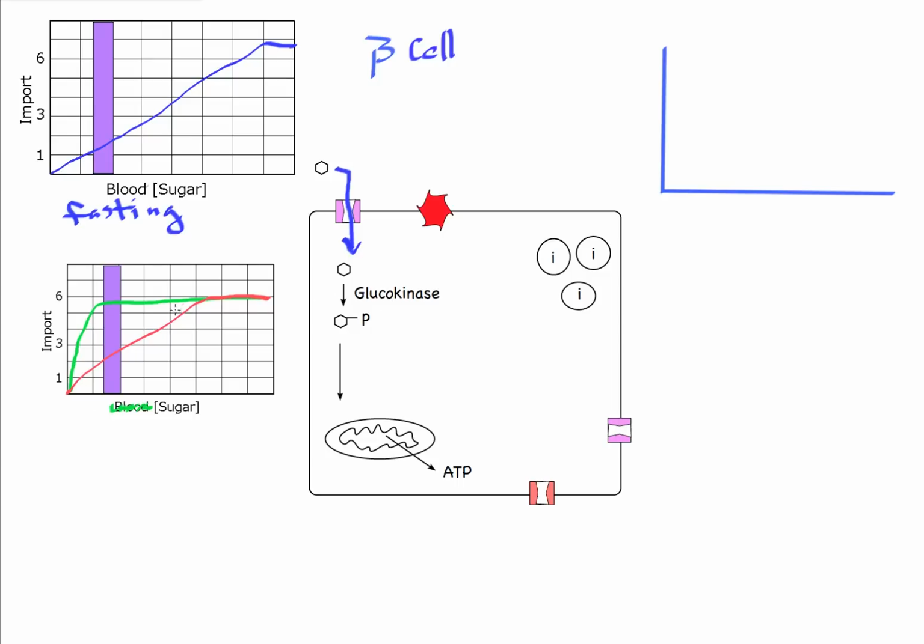Instead, it's going to change. So you can't use the Km of this enzyme to figure out how much substrate is present because the substrate level for glucokinase is always changing. It's changing because the import rate changes with changes in blood sugar. So the more blood sugar there is, the more sugar comes in, and the faster glucokinase works, unlike some other kinds of cells. So glucokinase is the red graph there.